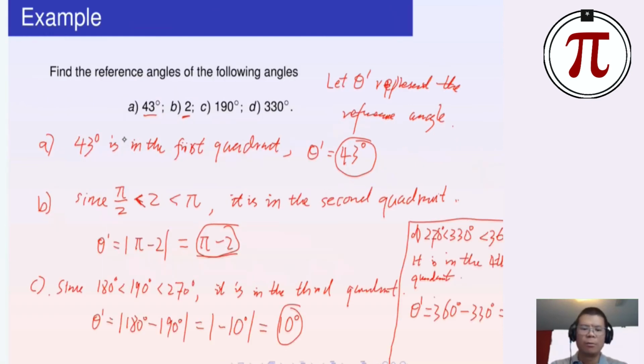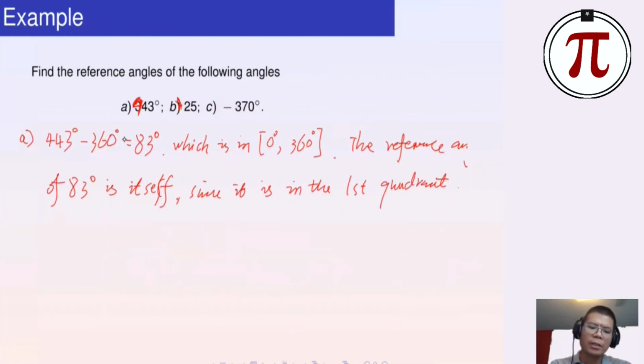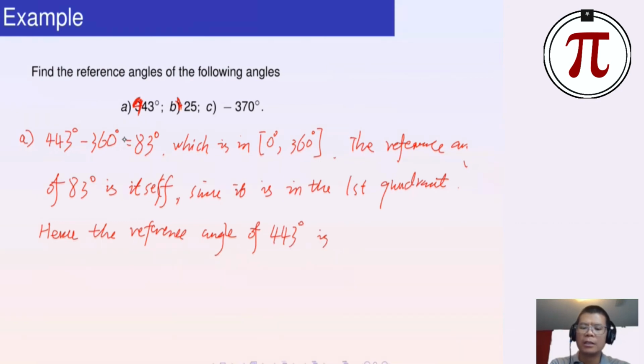Hence, the reference angle of 443 degrees is 83 degrees, because it's the same. Very good.